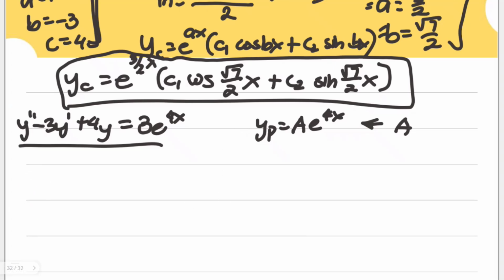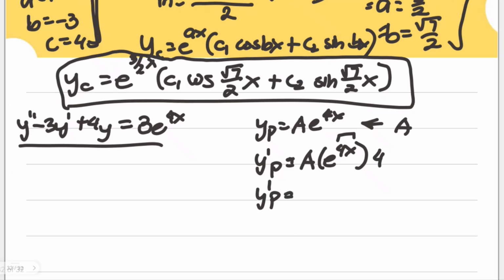So the first order derivative of y sub p, taking this as constant a, the derivative of e to the power of 4x is just e to the power of 4x, it's just the same. But what is added here is the derivative of your exponent according to the chain rule. So you have 4. In short, your first order derivative of y sub p is 4a e to the power of 4x. Now for our second order derivative of y sub p, we will derive this as well.